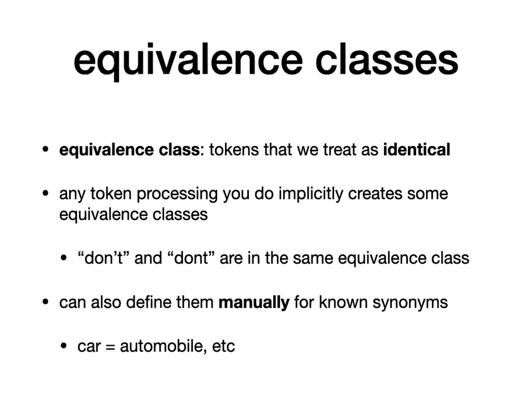This is the big concept for how we get all of the different raw text tokens and say, these are all the same. These are all together. An equivalence class is any set of tokens that we want to treat as identical. So don't, all those.